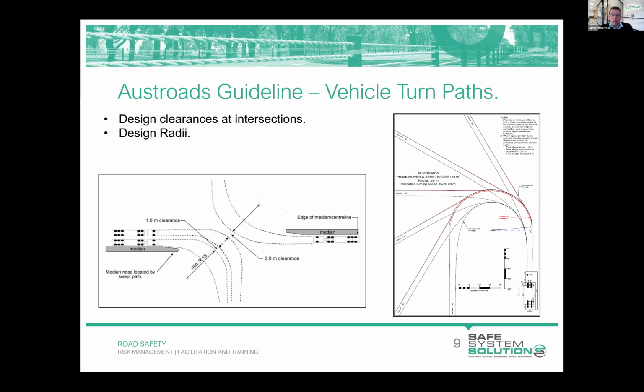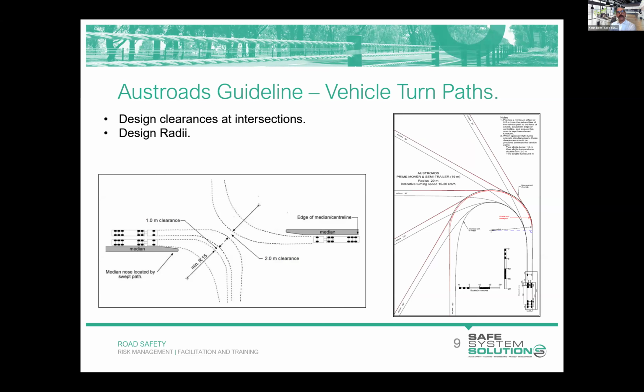You might do that perhaps at a roundabout or some other location where you have a concern for heavy vehicle rollover, and it is those vehicles like log trucks, liquid loads, stock trucks, and so on that have that propensity to roll over. So you can certainly look at those things.